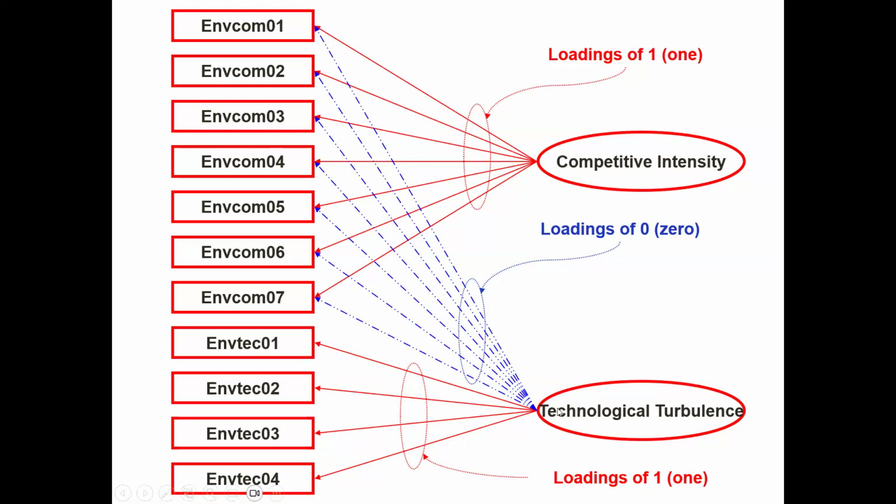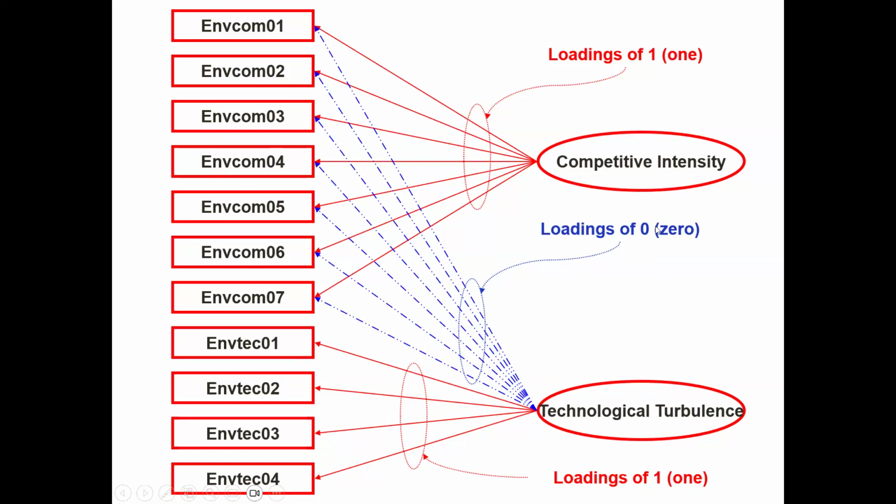So even if we map the loadings, or the association, between the measures of competitive intensity, which are these 1 up to 7, on technological turbulence, then the loadings, the associations, the relationship should be approaching 0.